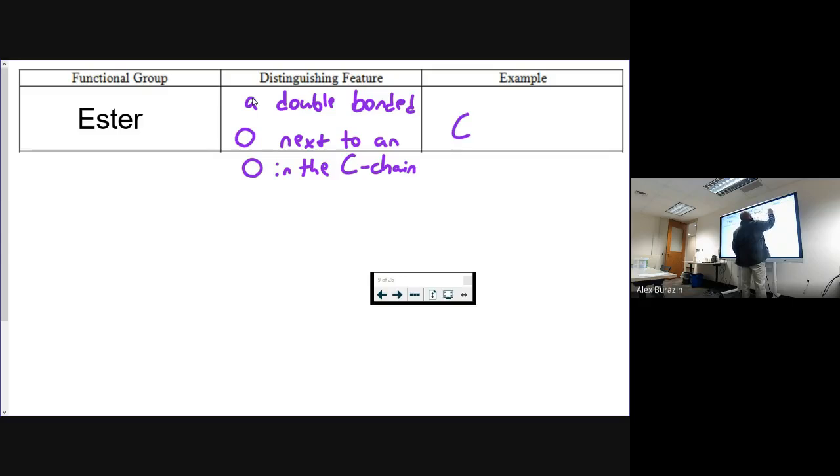So it looks like this. Something like that. Okay. Or I've got a double bonded oxygen and a single bonded oxygen in the chain next to each other. That's an ester. This would be called ethyl ethanoate. But I'm not even going to write that. Again, names are irrelevant for a little bit. We'll figure that out in a couple slides. This is an ester.